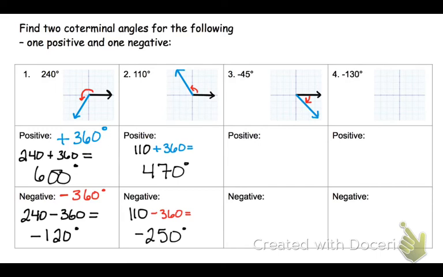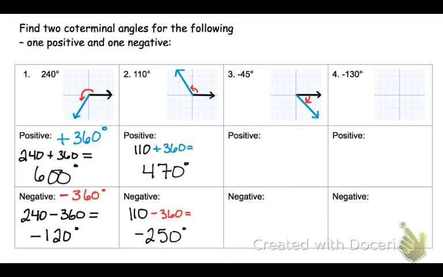Now, previously we've talked about if you want a positive angle, you add 360. If you want a negative angle, you subtract 360. But thinking about it logically, if I already have a negative angle, if I add 360, is that going to give me a positive or a negative angle? Yeah, a positive angle. That's exactly right.